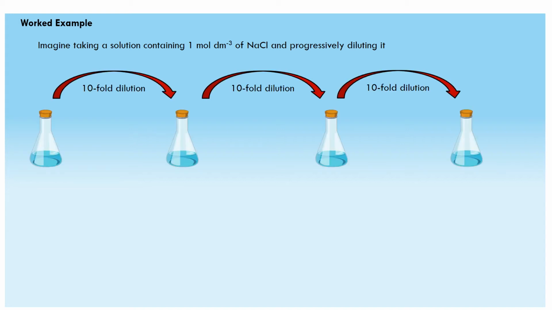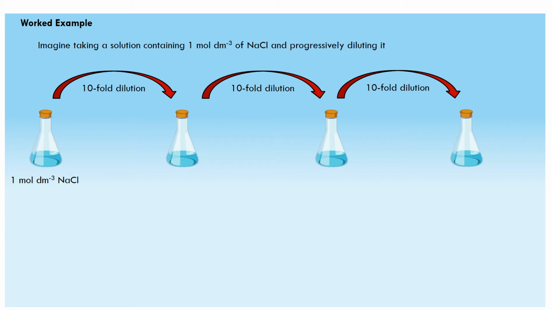Let's have a look at another worked example where we extend this idea. Imagine taking a solution of 1 mole per decimeter cubed of sodium chloride and progressively diluting it. So we take an initial concentration of 1 mole per decimeter cubed and we perform what's known as a serial dilution.